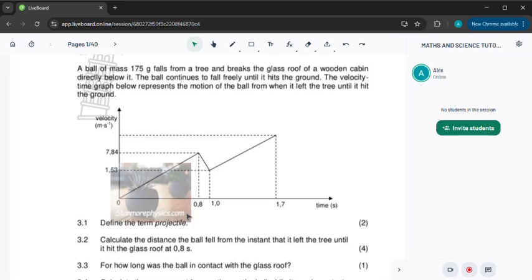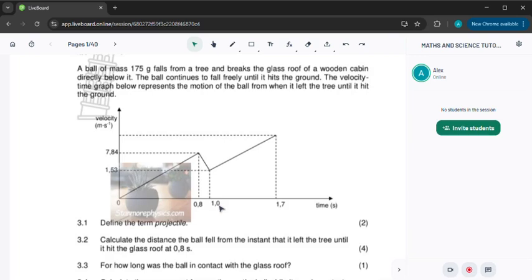Therefore, let's move to 3.3, which says, for how long was the ball in contact with the glass, right? So 0.8, 1.0, can you see there? We need to find for how long the ball was in contact with the glass roof, for 1 mark.